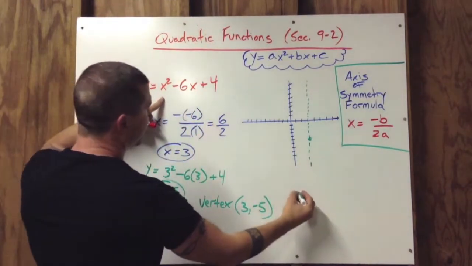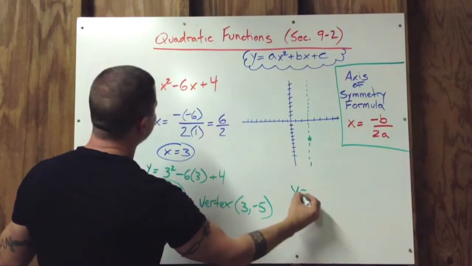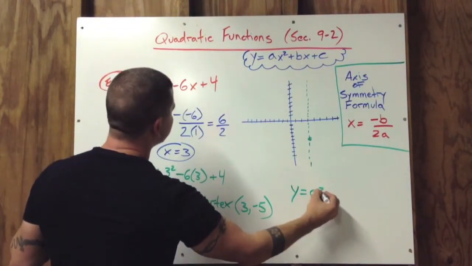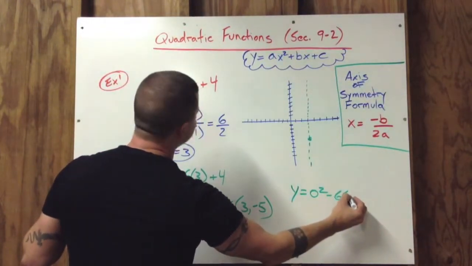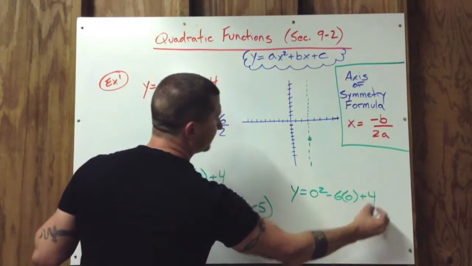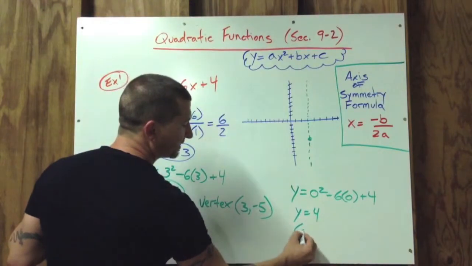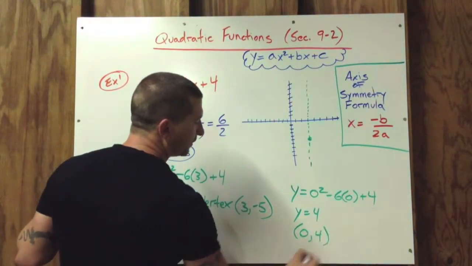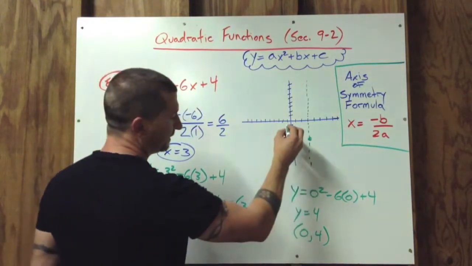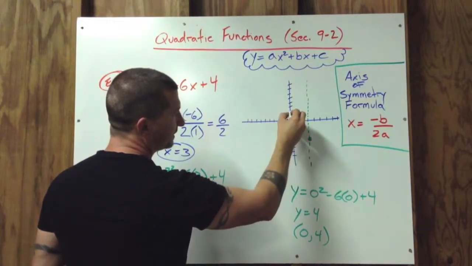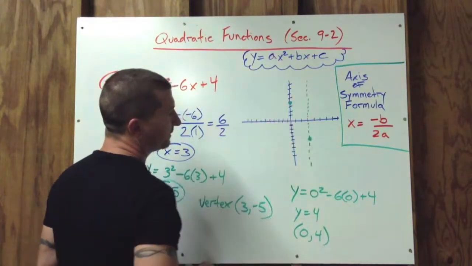So I'll just do that down here. y equals 0 squared minus 6 times 0 plus 4. When we work that out, we get y equals 4. So when x equals 0, y equals 4. So that would be 1, 2, 3, 4. It'd be right here.